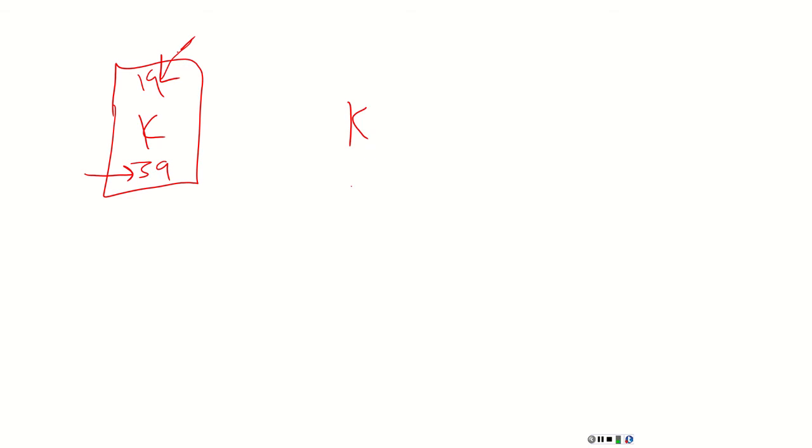Now, if I have 19 protons and I have 20 neutrons that I'm not even going to bother drawing, how many electrons do I have? In its natural state, there are the same number of electrons as protons. So 19 protons, 19 electrons.